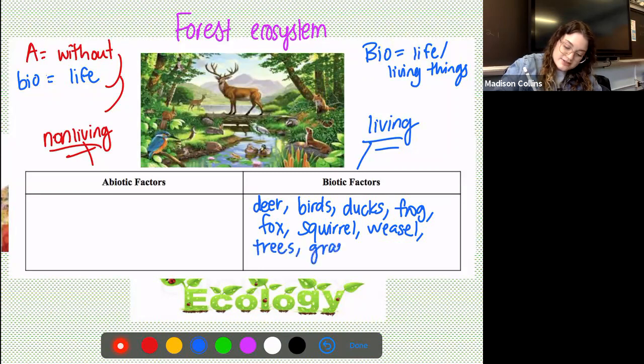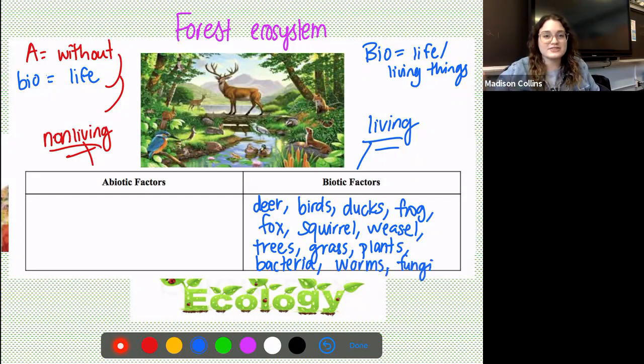The grass is living. Even those aquatic plants we see on the water are living. Now, even if you zoomed in, which clearly this image didn't, but if you zoomed into the soil, we would even find living things in the soil, like bacteria, like worms, like fungi. So all of these are really important living factors in this ecosystem.